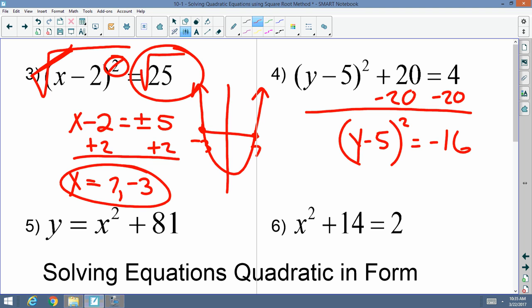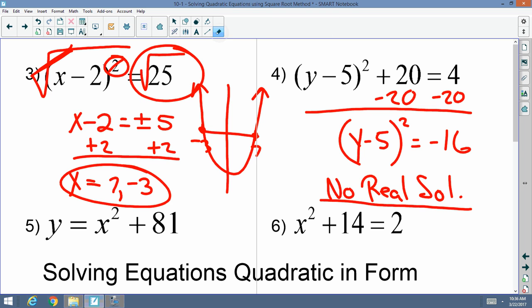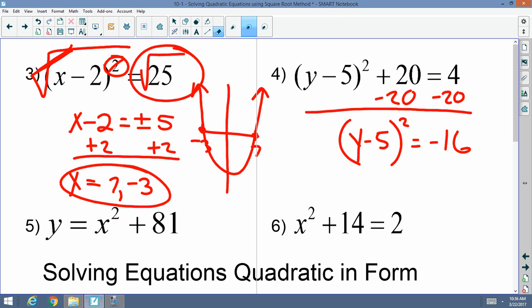However, think about it, guys. Can any value ever be squared and give you a negative? No. So this is no real solutions. The reason I'm putting no real solutions is, wait a second, we know complex solutions. We have the skills. Square root it.